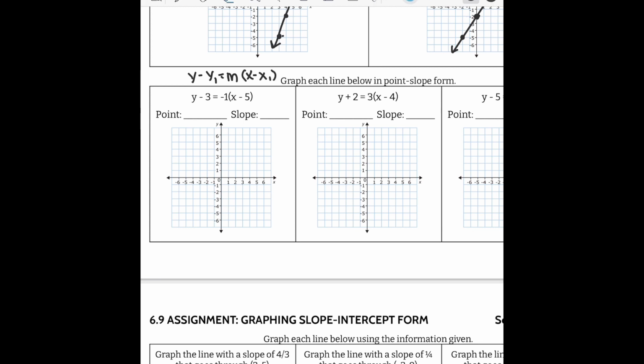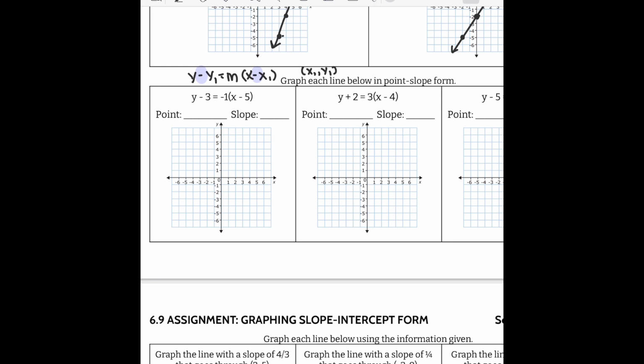And the one thing that I'm going to point out about point slope form, now that we've had some practice graphing, is that these are both minus. But the point itself is x1, comma, y1. So those are always going to be the opposite sign.